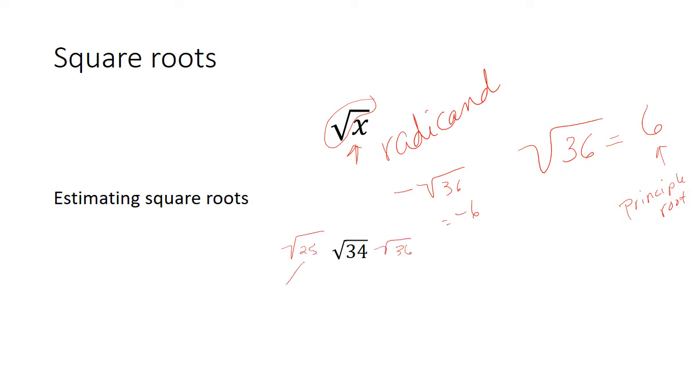The root of 25 would be 5 and the root of 36 would be 6. So this has to be somewhere between 5 and 6. If we were to estimate it, we could just leave it at between 5 and 6. But if we wanted to get a little bit closer, 34 is closer to 36, so its root is probably going to be somewhere down in here, greater than 5.5.